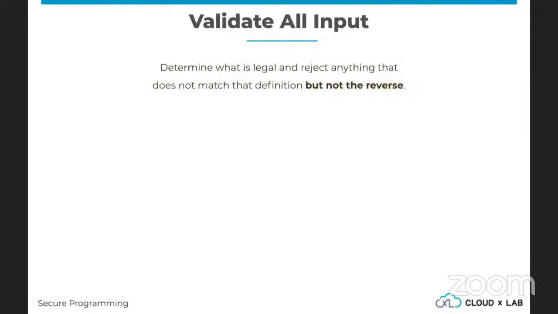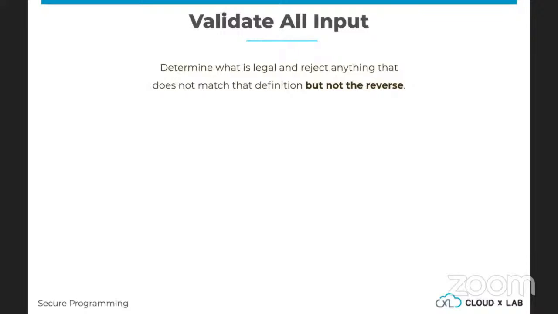Now, first principle, as I just said: determine what is legal and allowed, and reject anything that does not meet the definition. But do not try to do the reverse. Do not try to delete what is illegal and accept everything else.